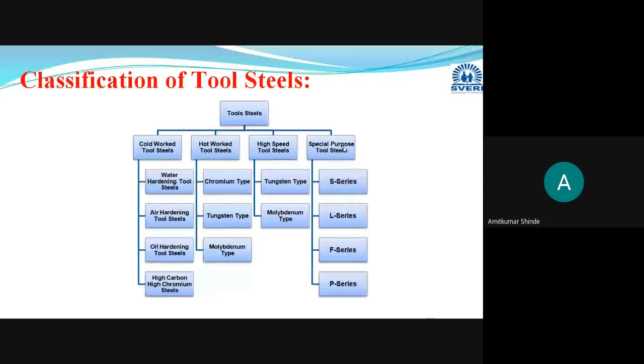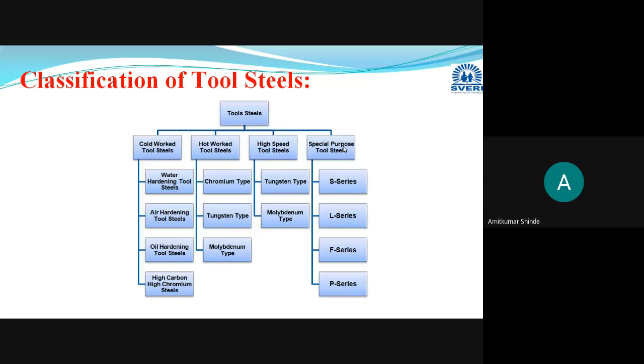Okay, so depending on their different applications or some specific compositions, special purpose tool steels are categorized in four types: S series, that is shock resisting tool steels; L series, that is low alloy tool steel; F series, that is carbon tungsten tool steels; and P series is known as the mold steels.